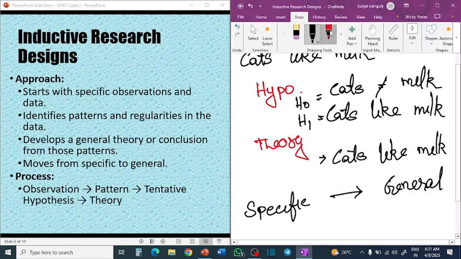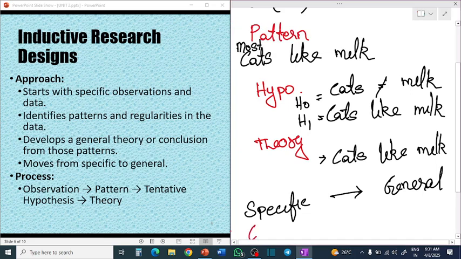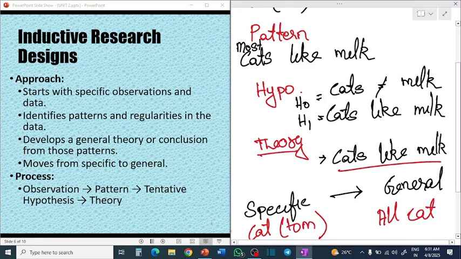We were first talking about only one cat, that is Tom. And then we went on to general, that all cats. And we built a theory that all cats like milk. So this is called inductive research design.